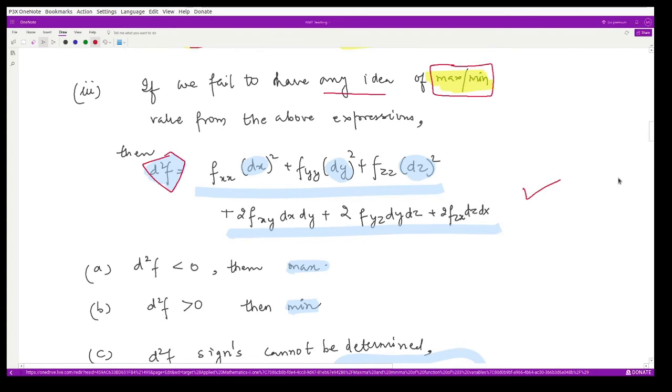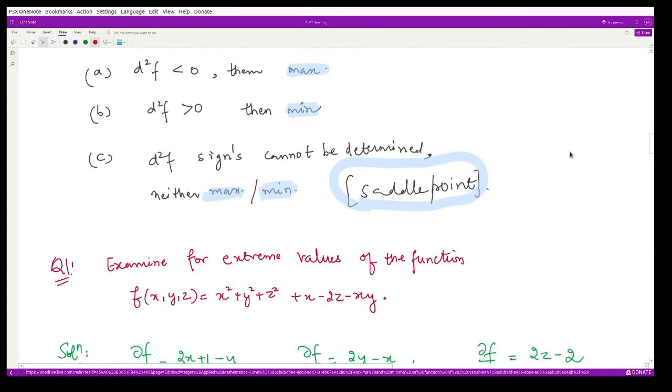Once you compute this expression, you will again look at its sign. If this expression is negative, then we have a maximum value. If it is positive, then we have a minimum value. And if the sign of this expression cannot be determined, then we have neither a maximum nor a minimum, and in that particular case we have a saddle point.